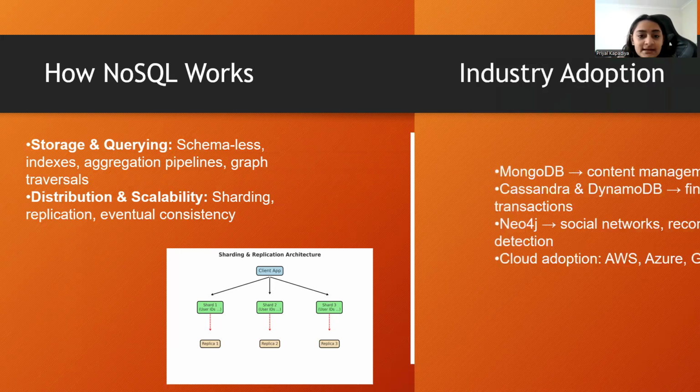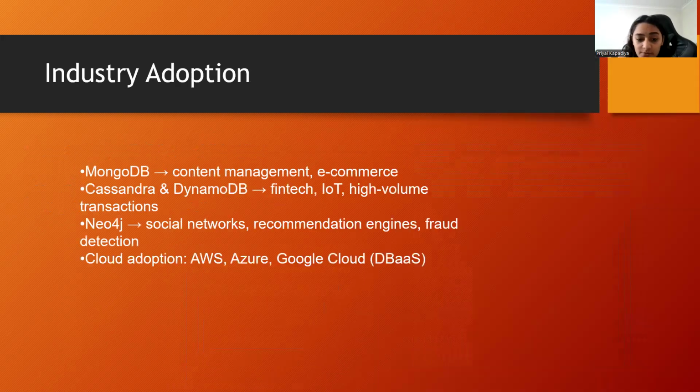Let's go to the next slide, which is about industry adoption. So NoSQL has been widely adopted across the industries. MongoDB is used by companies like eBay and Expedia for product catalogs. Twitter relies mostly on Redis to cache billions of requests which are sent every day.